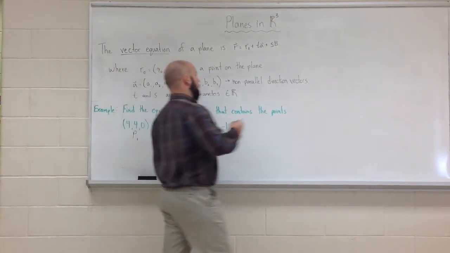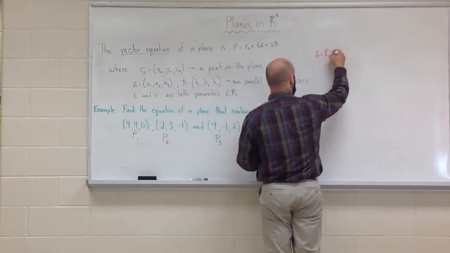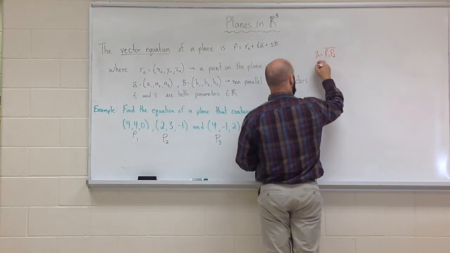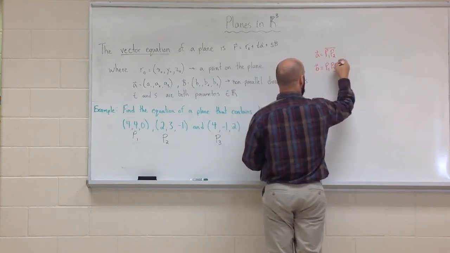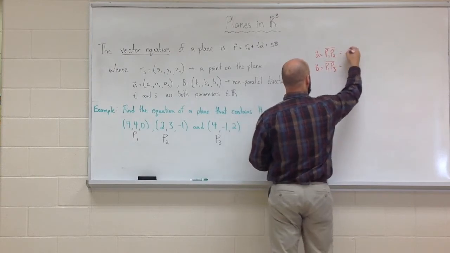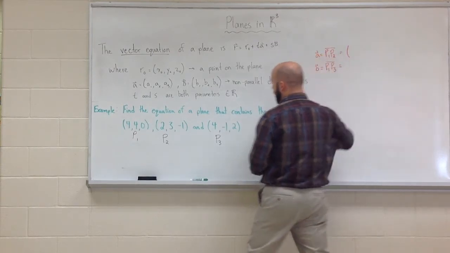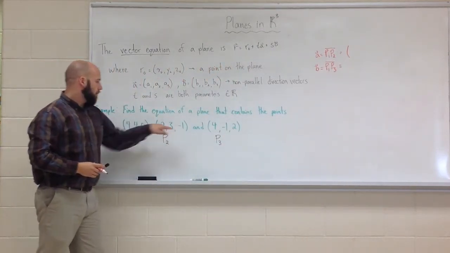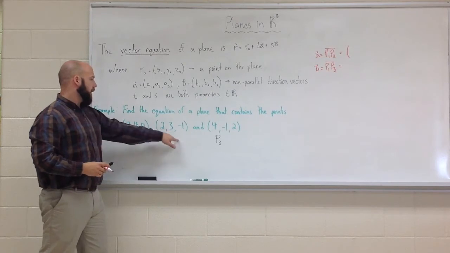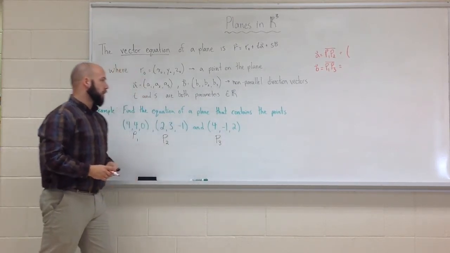Let's do a equals P1 to P2, b equals P1 to P3. This would mean that for a, we're going to have P1, so (4, 4, 0) spanning to (2, 3, -1), and b is (4, 4, 0) to (4, -1, 2).